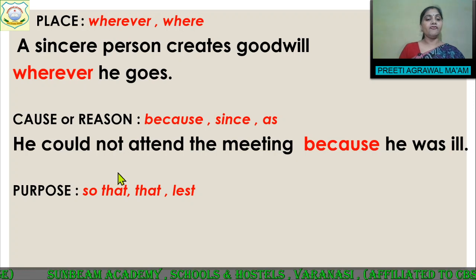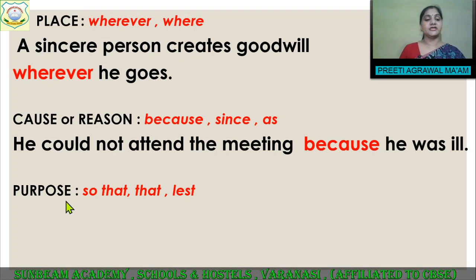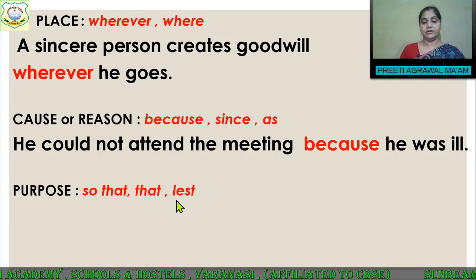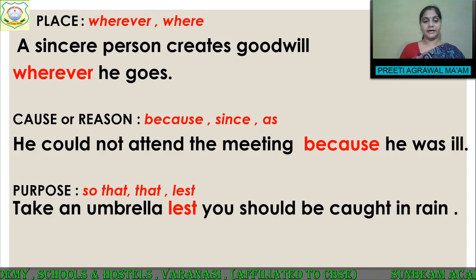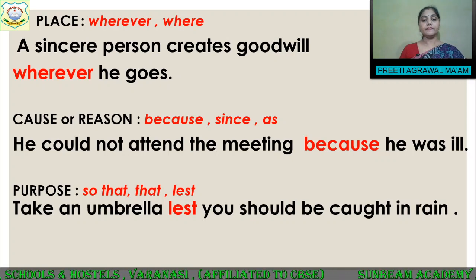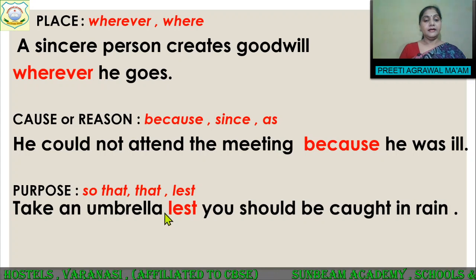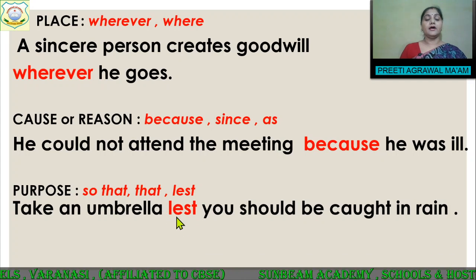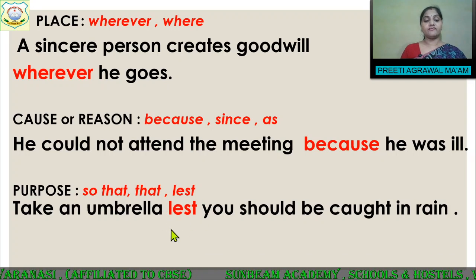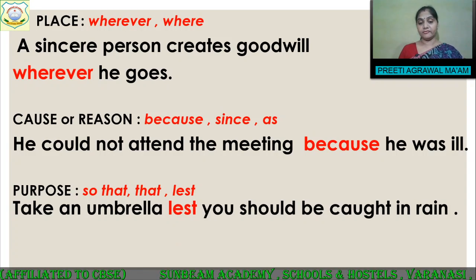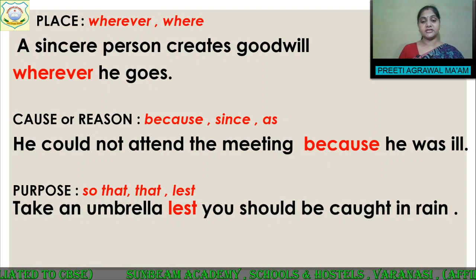For purpose, when we have to express the purpose, use so that or lest. Take an umbrella, lest you should be caught in rain. Lest is a conjunction which you have to use very carefully. What should you be careful about? Lest is always followed by should.